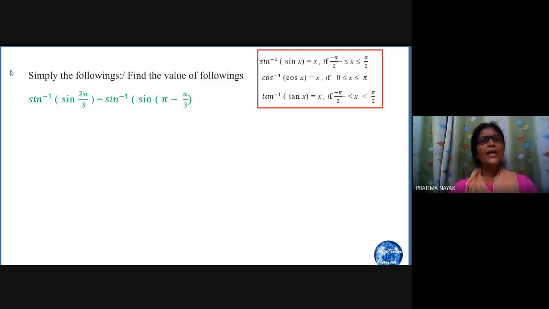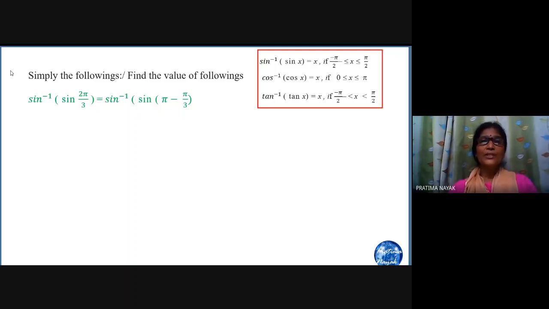So we'll write sine inverse sine 2 pi by 3. That was the question. Find its value. We'll write sine inverse sine of pi minus pi by 3. That means we converted 2 pi by 3 as pi minus pi by 3. Now the question is why? It is so because for the sine inverse function, x should be between minus pi by 2 and pi by 2.